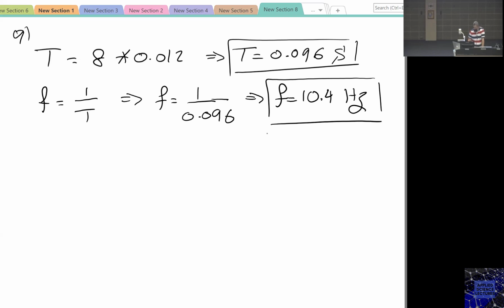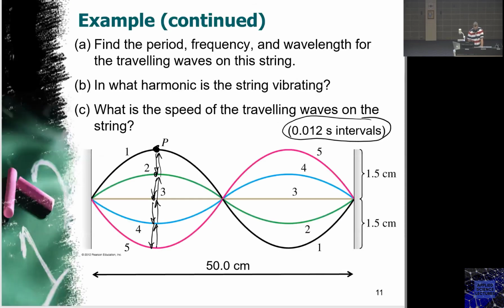Next is the wavelength. Let me put the expression first. Lambda equals 2 over n times L. The length of the string is 50 centimeters, which is 0.5 meters. Then what about n? Could you tell how much is n? 2.